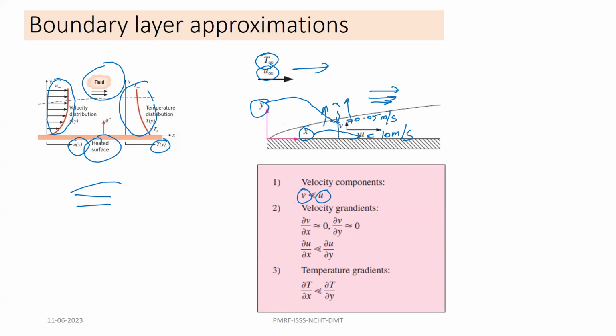The boundary layer growth is proceeding in this direction. Since V is very small, the velocity gradients ∂V/∂X and ∂V/∂Y will be approximately 0.